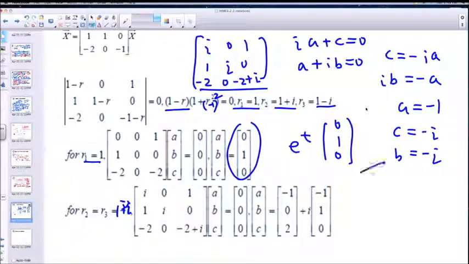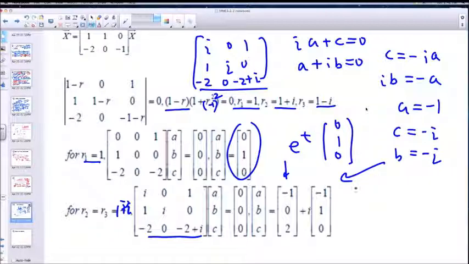That's not an exact match with the book, but we can always have different representations because of your freedom of choice. I think the book maybe takes that one equation. So in the end, you get one vector.